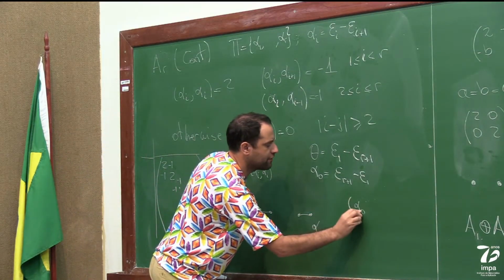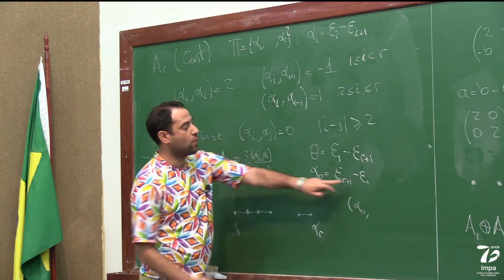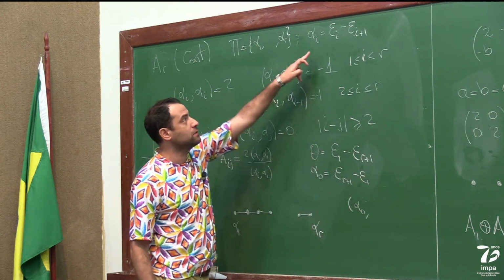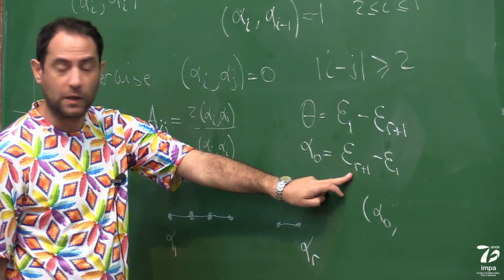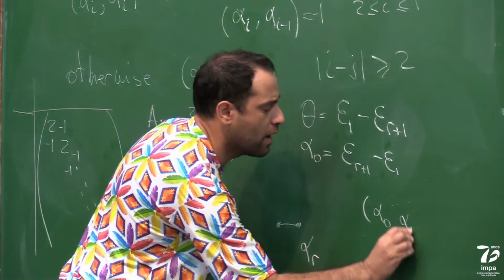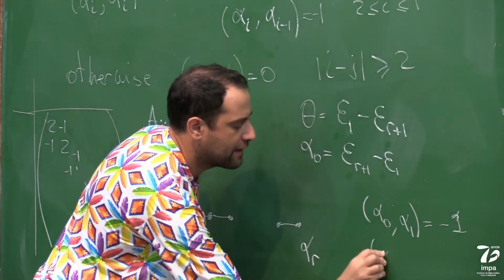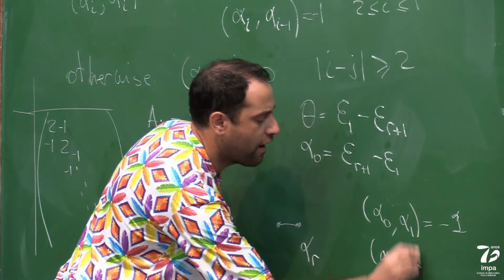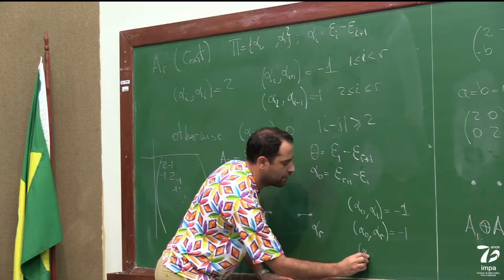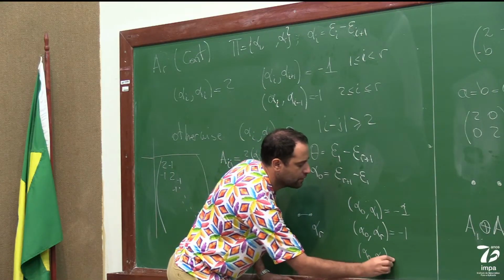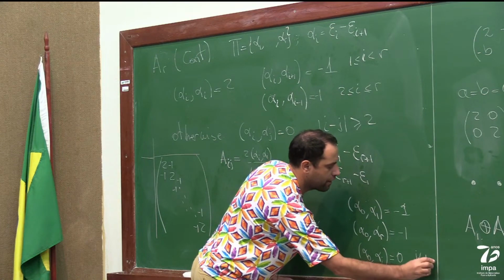Alpha_0 has only non-trivial inner product with alpha_1, which is epsilon_1 minus epsilon_2, and with alpha_r, that is epsilon_r minus epsilon_{r+1}. So (alpha_0, alpha_1) is equal to minus 1, and (alpha_0, alpha_r) is equal to minus 1, and all the other ones are 0. (alpha_0, alpha_j) is equal to 0 otherwise, so if j is not 1 or r.